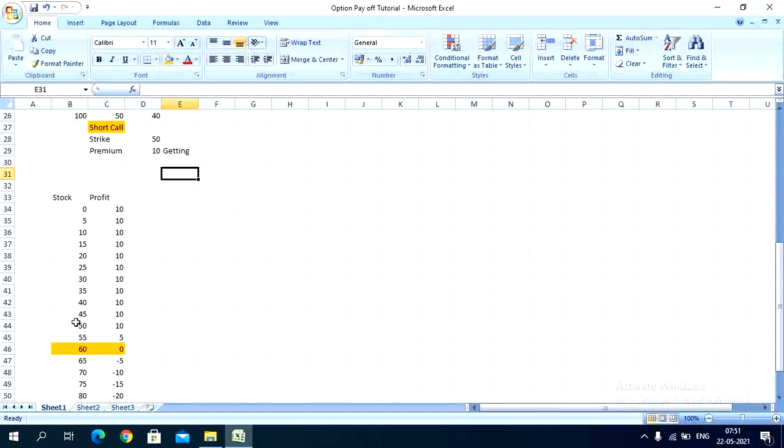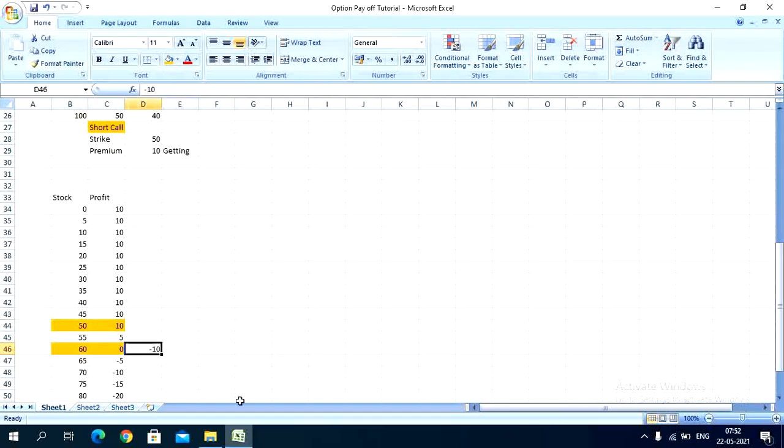You have chosen a strike price of 50. Now when the price increases, let's say 55, then 60, here at 60 you will be getting a loss of 10 rupees. Why so? Because the stock price is more than the strike price by 10 rupees.